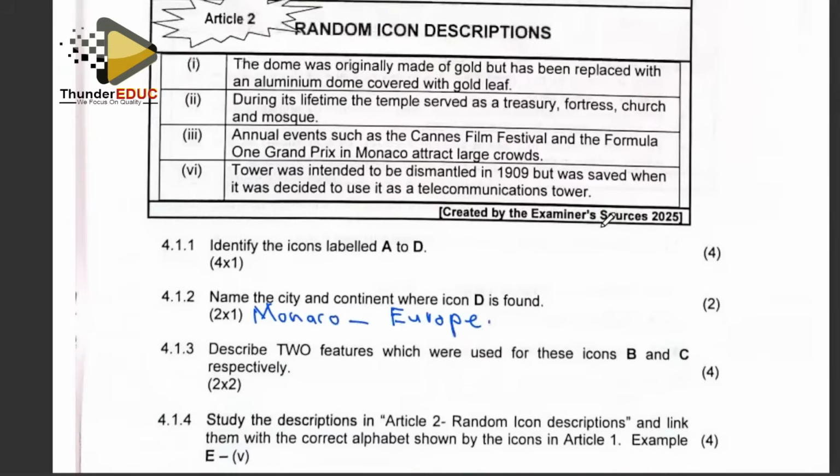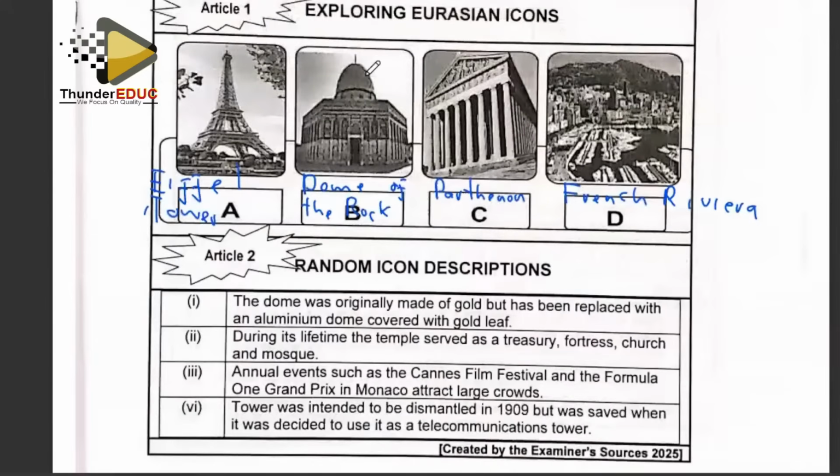So if you look at B and C, both of them are religious icons or icons of religious significance.